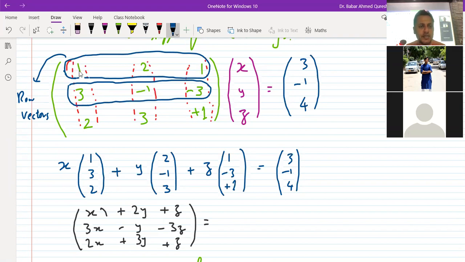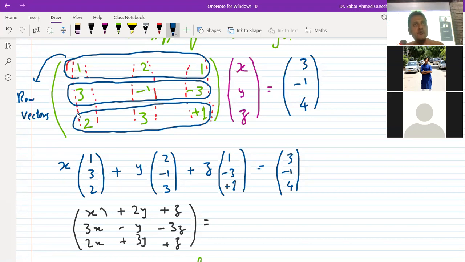But now I can think of this matrix not as a bunch of column vectors lying side by side, but as a bunch of row vectors sitting on top of each other. Right? Then I need to get this back. How can I get this back?